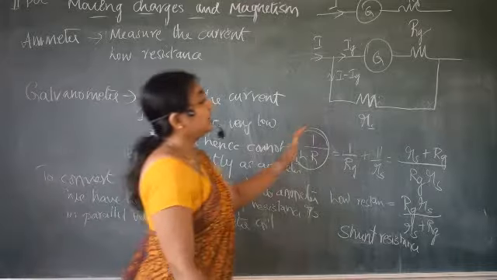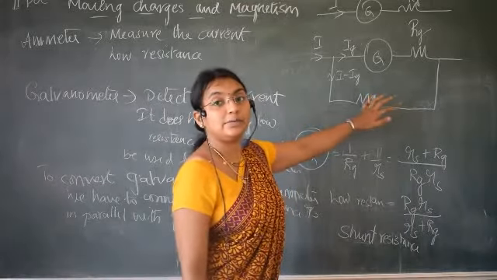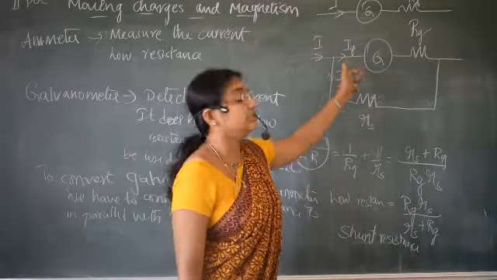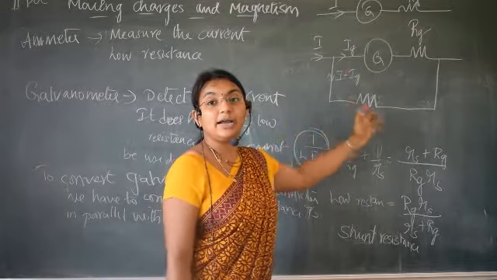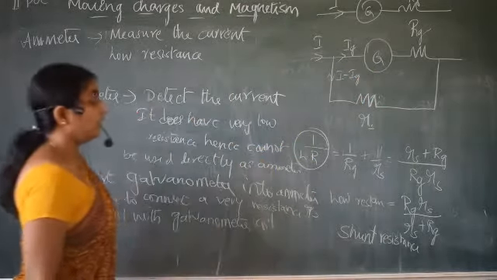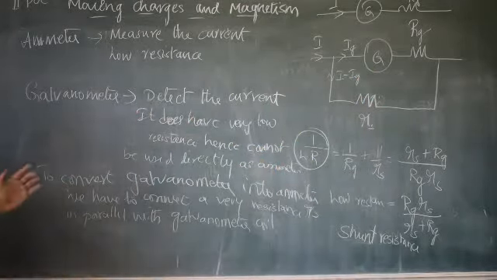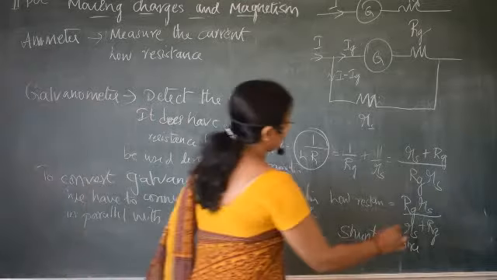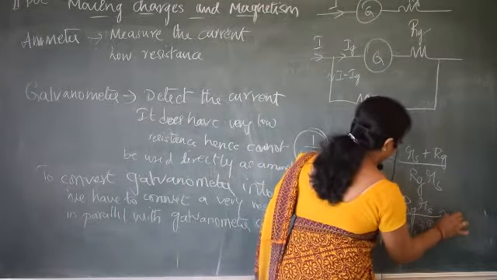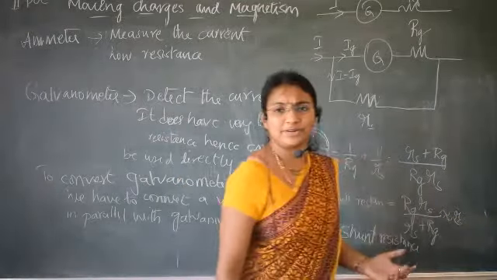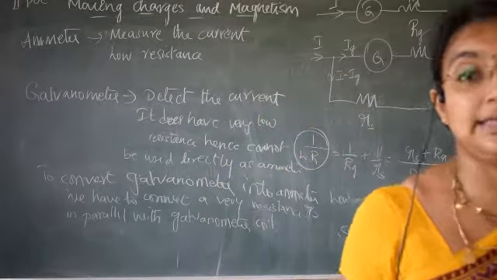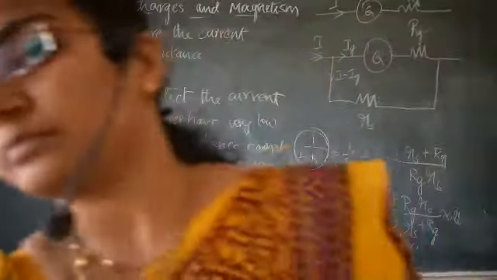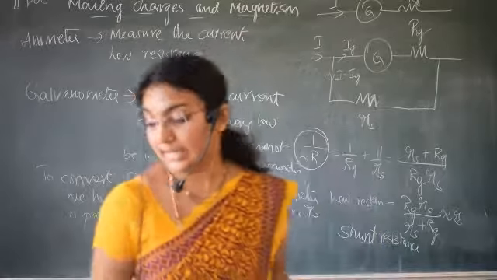But now when you have connected it in parallel with the low resistance, the current has been divided into Ig and I minus Ig. Shall I move further? We call that resistance a shunt resistance. Let the parallel combination be approximately equal to Rs, a small value itself. Correct? Next.